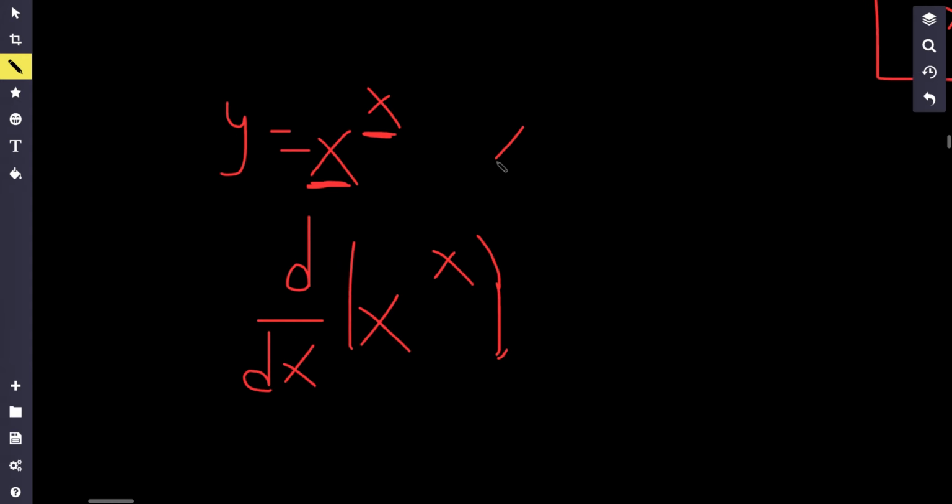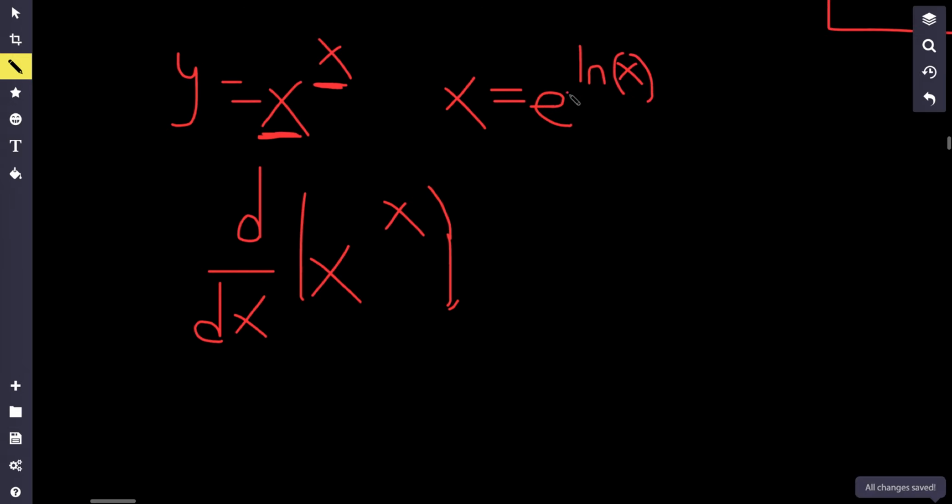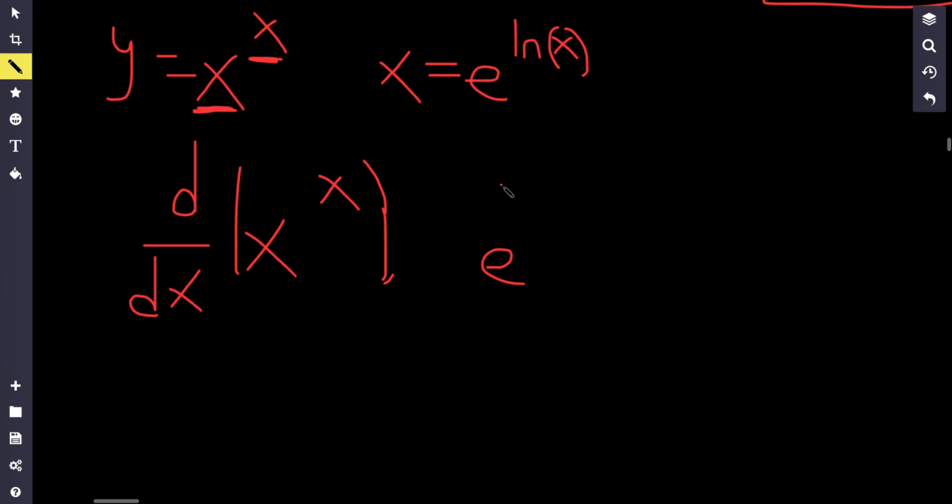Note that x is equal to e to the ln x. Because e, I'm gonna write over here e, and then we have ln. Ln is just log base e, and in this case is of x.